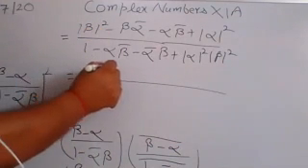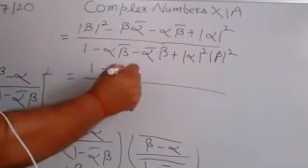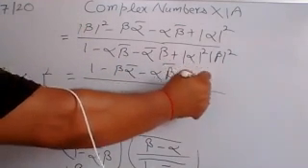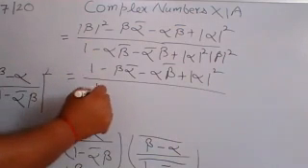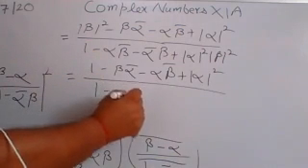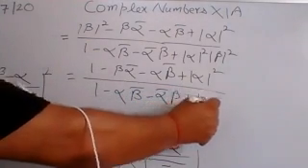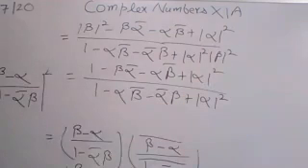So you have 1 minus beta alpha bar minus alpha beta bar plus mod of alpha whole square, over 1 minus alpha beta bar minus alpha bar beta plus mod of alpha whole square, as the value of mod of beta square is 1.